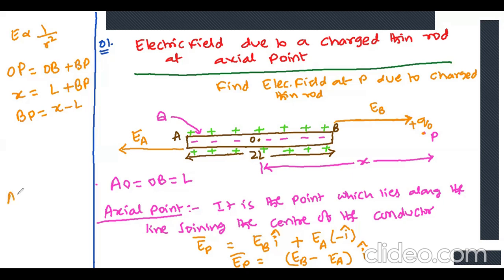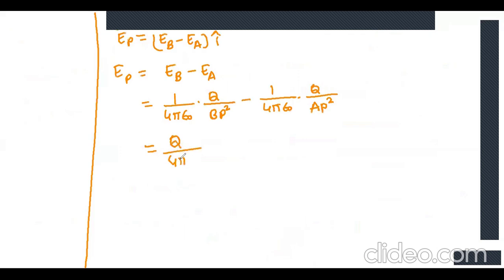Similarly, AP means I can write as AO plus OP. AO, that is L, OP is X. So AP is X plus L. So EP is Q by 4 pi epsilon naught, 1 by BP square, X minus L whole square, minus 1 by X plus L whole square.